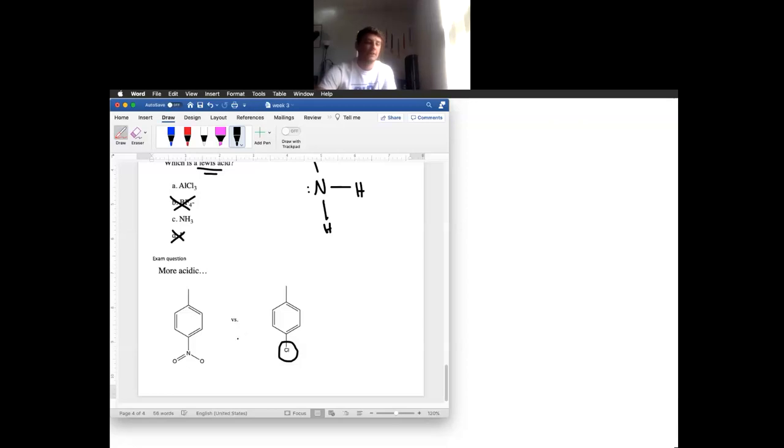So these 2 oxygens are able to hold, as a whole, more electrons than just the halogen. And also, a nitrogen with 4 bonds, what's the charge on a nitrogen with 4 bonds?